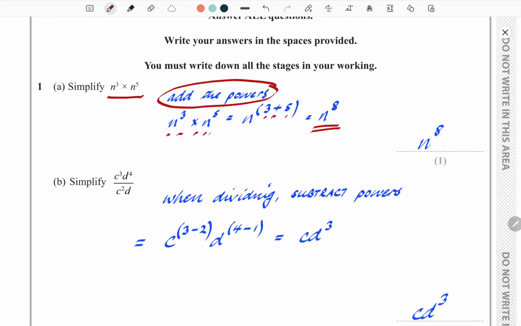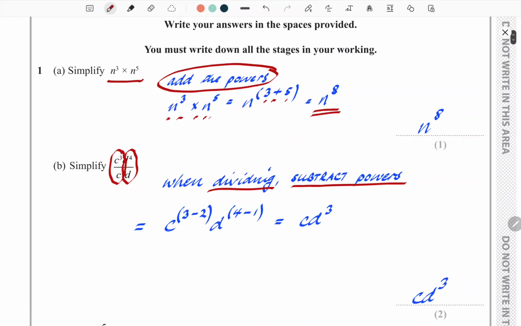So you've got c cubed times d to the power 4 over c squared times d. And when we're dividing, remember you subtract the powers. All right. So in this case, we treat each of them separately. So the c's there and the d's separately. Sorry, I've just butchered that particular question.